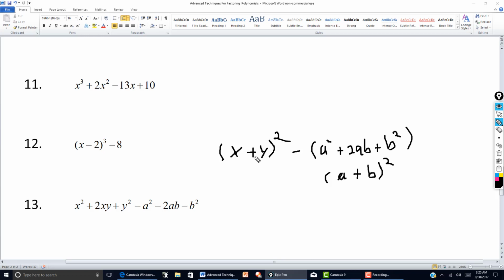So look at that as a difference of 2 terms, and since you have the squares, it's a difference of squares. This factors into the difference and the sum of the square roots. The square root of (x plus y) squared is x plus y. The square root of (a plus b) squared is a plus b.